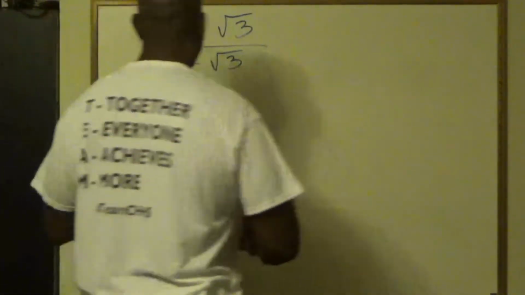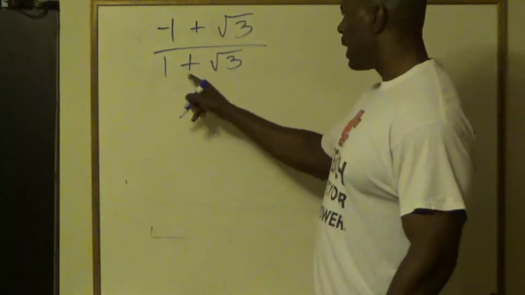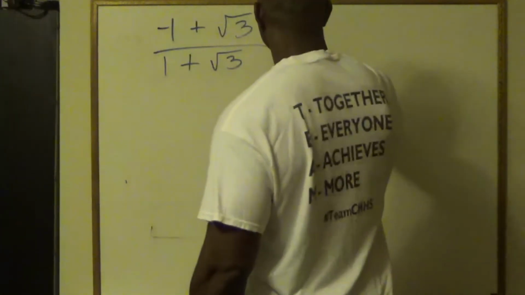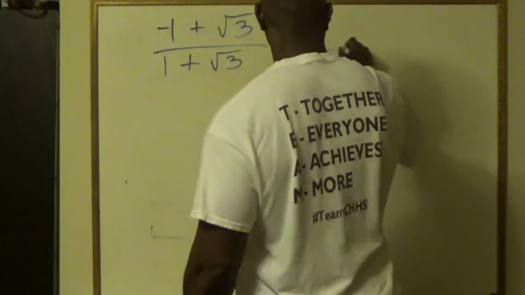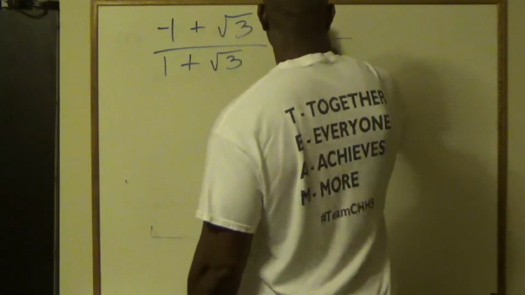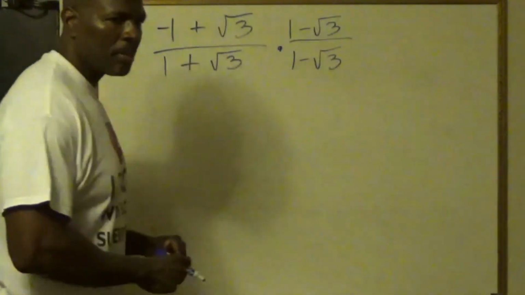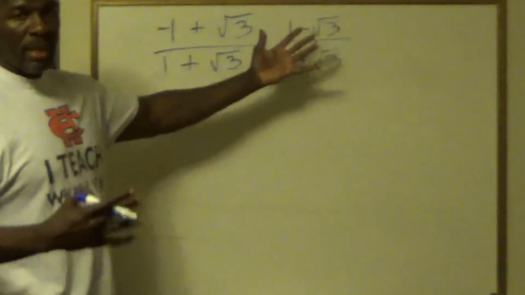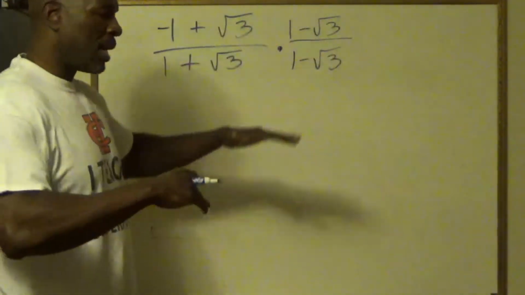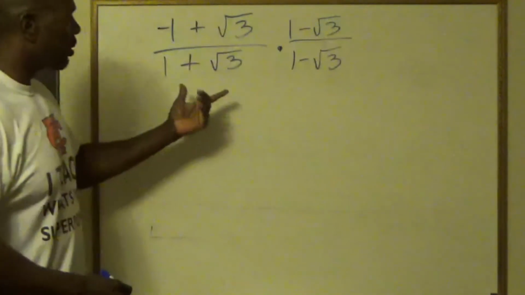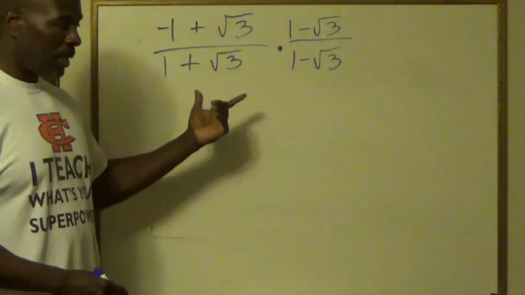So I'm going to multiply the top and bottom by 1 minus the square root of 3. Again, I'm multiplying the top and the bottom because this is really 1, so I'm not changing the value of anything. And my objective of doing so is to rationalize this denominator.